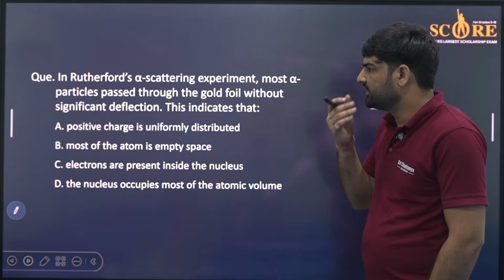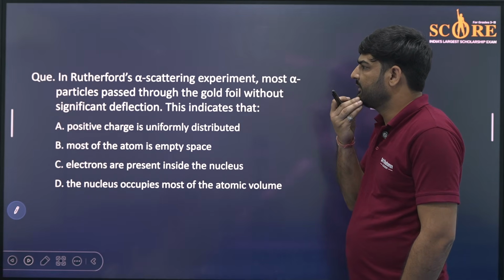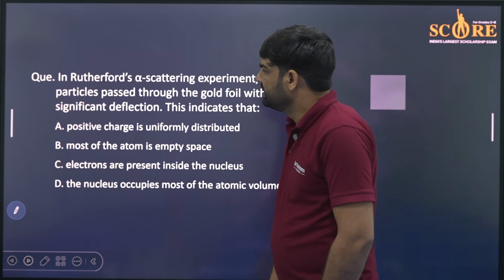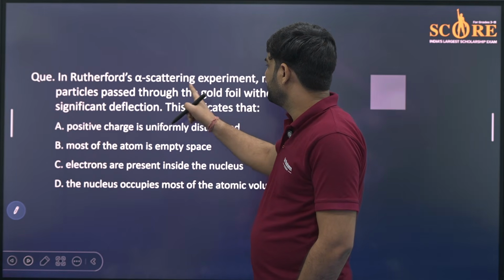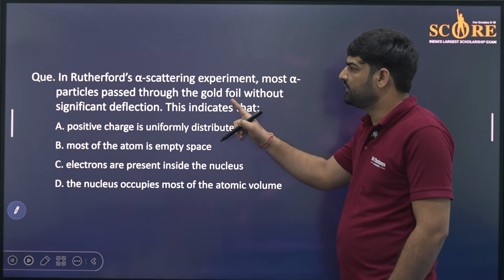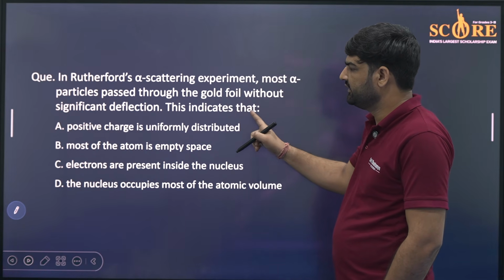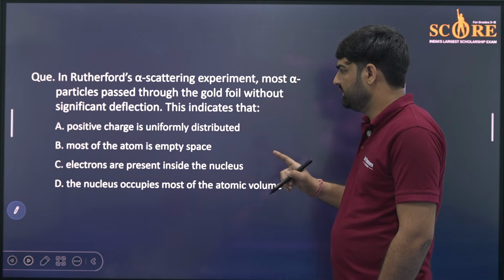This is a simple question regarding the Rutherford alpha particle scattering experiment. In Rutherford's alpha scattering experiment, most alpha particles pass through the gold foil without any significant deflection. This indicates what?